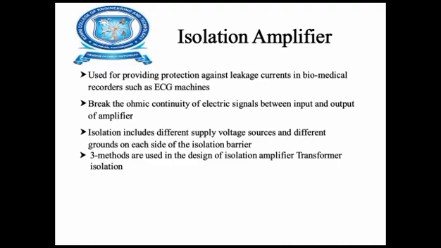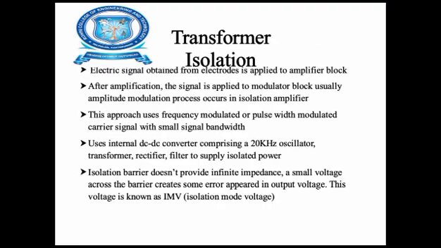There are three methods used for the design of an isolation amplifier. Transformer isolation: the electric signal obtained from the electrodes is supplied to the amplifier block. After amplification, the signal is applied to the modulator block. Usually, the amplitude modulation process occurs in the isolation amplifier.